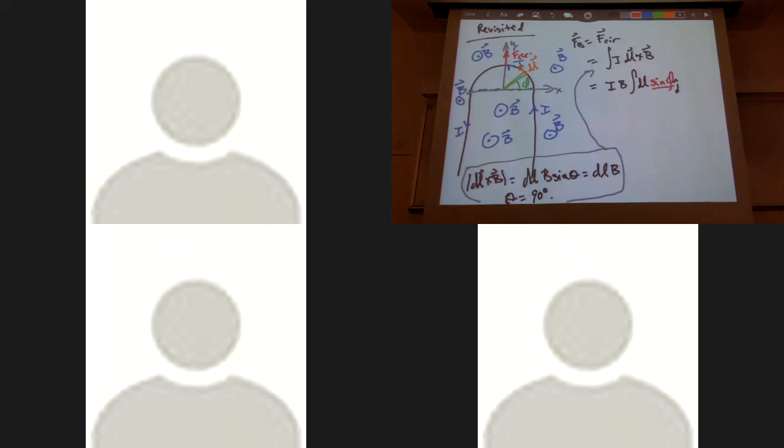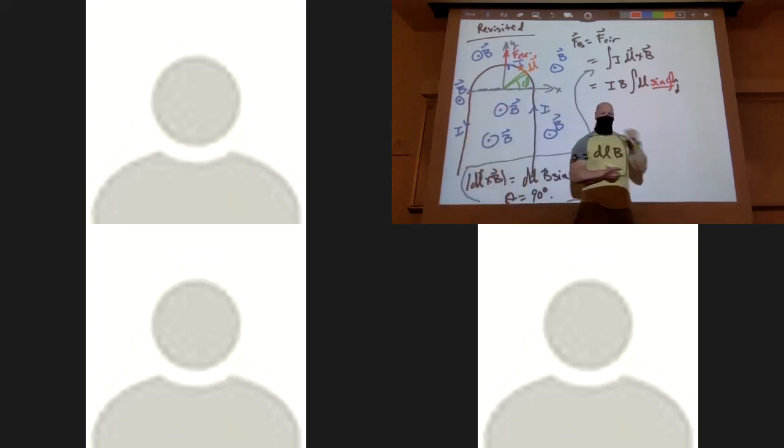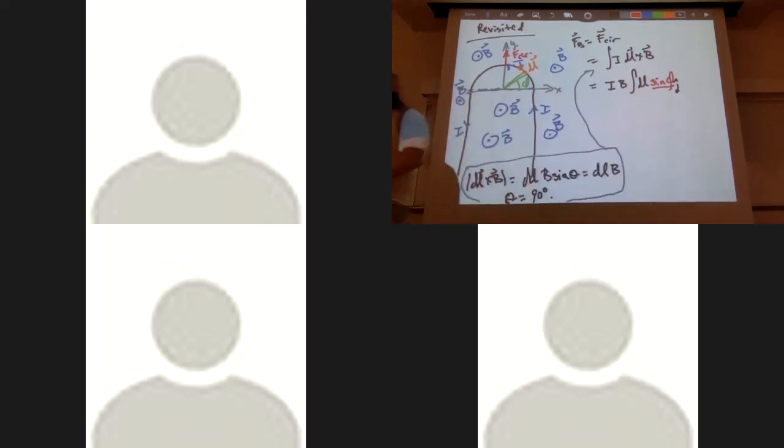Now the problem here though, is if we think about it, the dL actually depends on phi, which means we can't pull this outside of the integral, we actually have to integrate over it. And the reason for that is, as I drew here, we actually have an arc length. So this little tiny wedge here has an angle of d phi, which means dL here is actually equal to R times d phi.